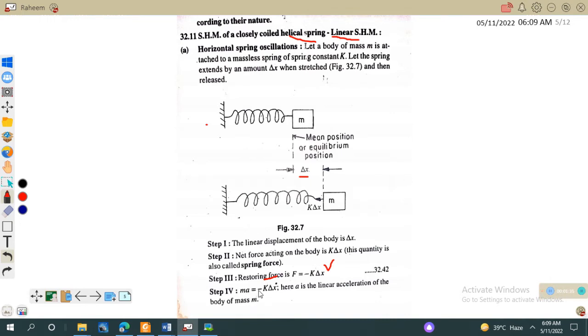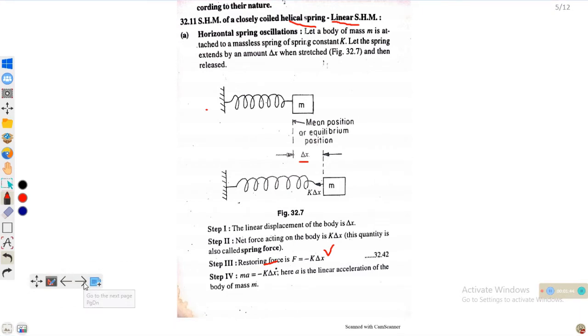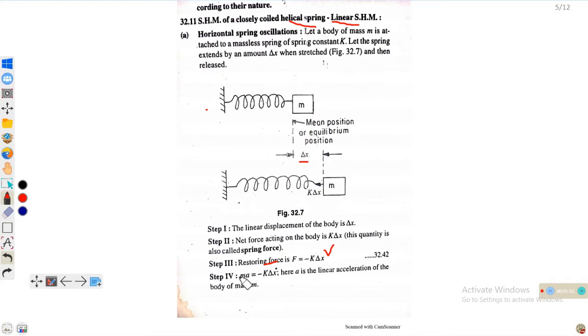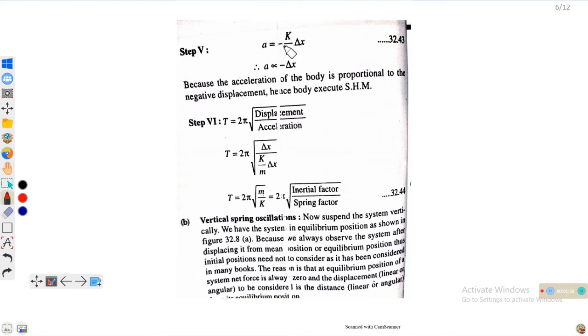If we equate these two expressions, F equals minus k delta x and F equals ma, and divide by the mass, we are left with a equal to minus k over m into delta x.